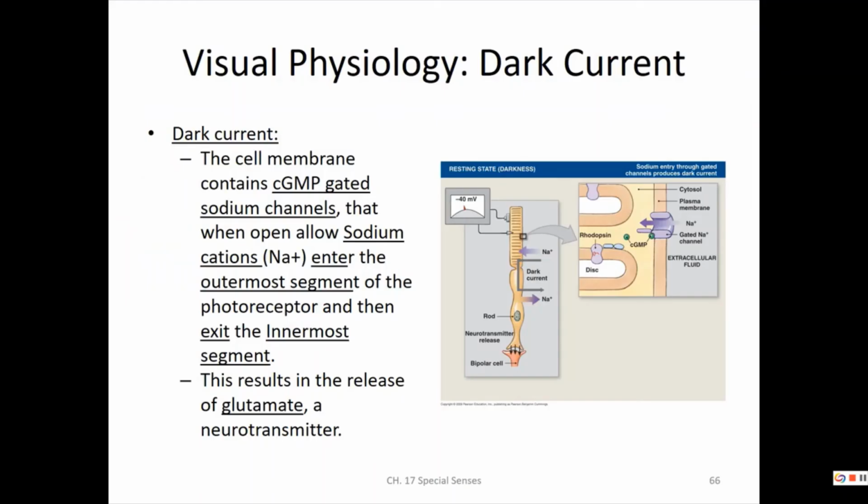So you're actually releasing glutamate when you're not seeing, and you don't release glutamate when you are seeing. And this is because you're awake more time in the day than you are asleep most of the time. Now, to do this, we need to produce a dark current so that I can release glutamate during the dark.